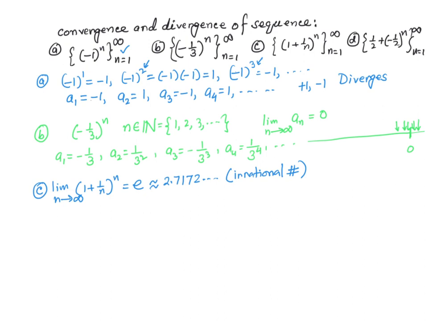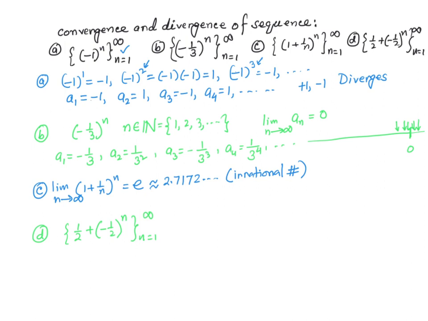Next, let's go ahead and do the last one in this group, D, which is 1/2 plus negative 1/2 to the power n, as n goes from 1 to infinity.